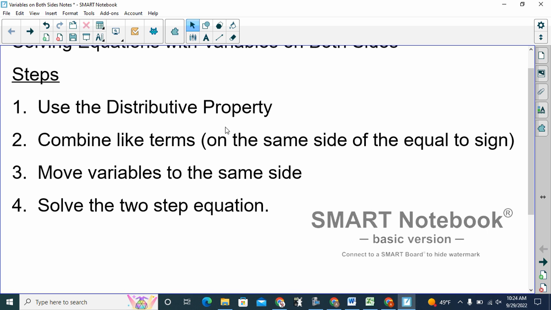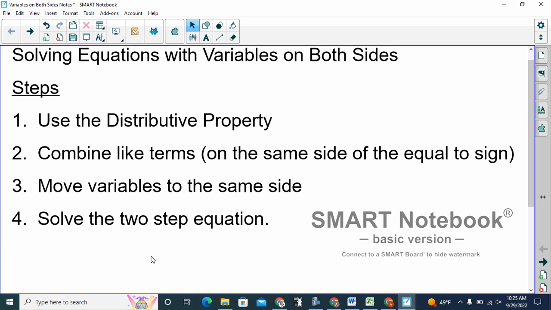So really, steps 1, 2, and 4 is what we had last time. Use the distributive property, combine like terms, solve the two-step equation. If we happen to have variables on both sides of the equal sign, we have one more step, and it happens in between combining like terms and solving the two-step equation, and that is to make sure that we move all of our variables over to the same side.